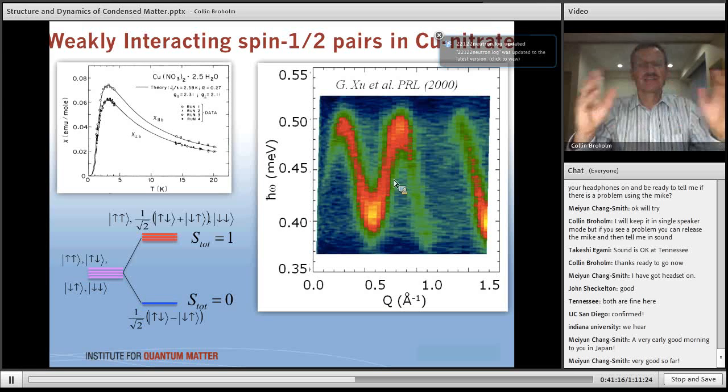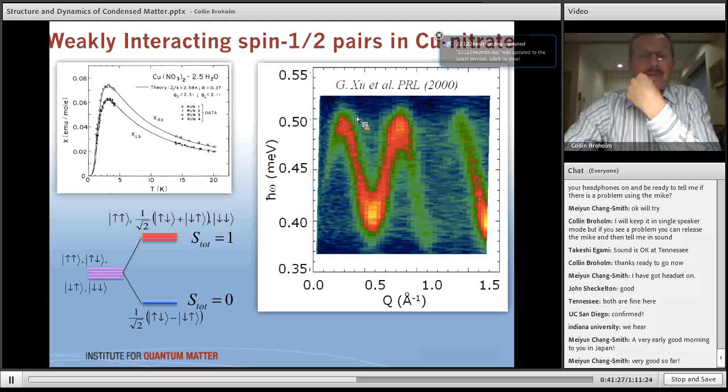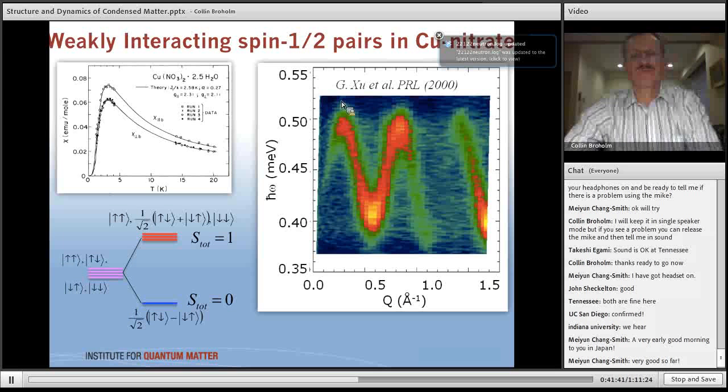And so the upshot of all this is that if I have a phenomenological form of E of q, then I'm able to write down a full expression for S of q and omega, because S of q is directly related to E of q in that form.